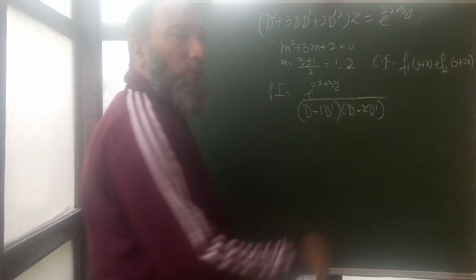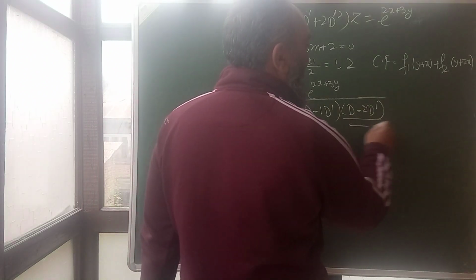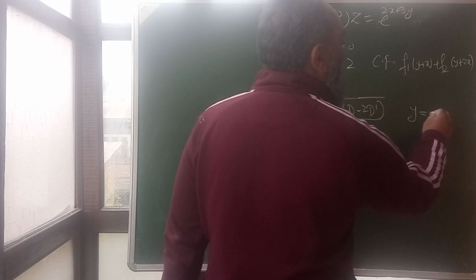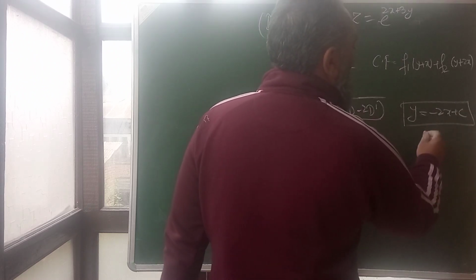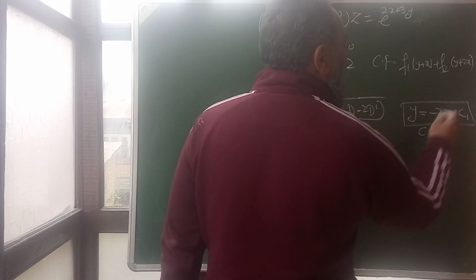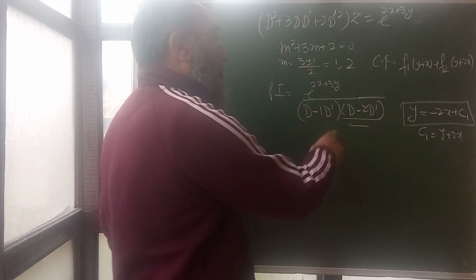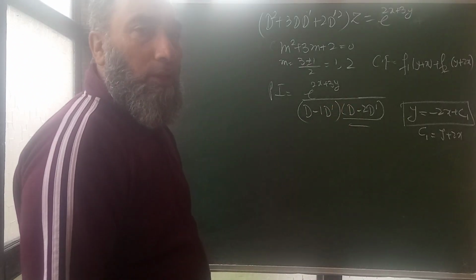Whichever factor you would like to take first is your choice. Let me take the first factor. On the right hand side, y is mx plus c, minus 2x plus c. For this, let me call it c1, where c1 is y plus 2x, because there will be two c's. For this there will be one c, for this there will be another c. So let me take c1 and c2.